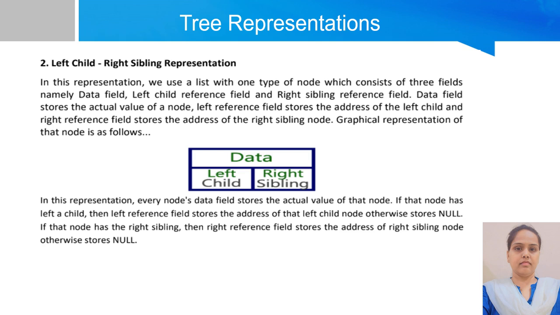Left child, right sibling representation. We use a list with one type of node which consists of three fields, namely data field, left child reference field, and right sibling reference field. The data field stores the actual value of the node, the left reference field stores the address of the left child, and the right reference field stores the address of the right sibling.